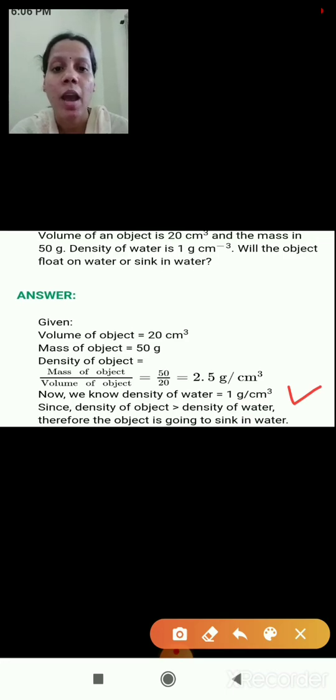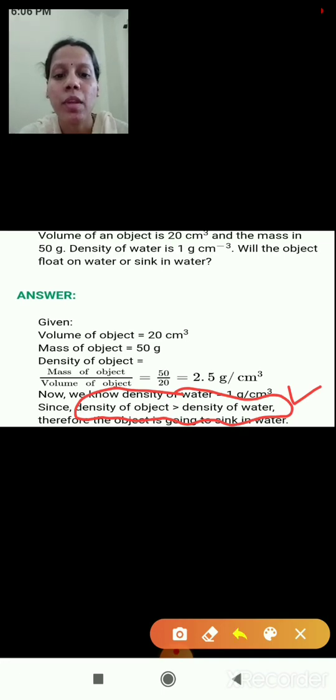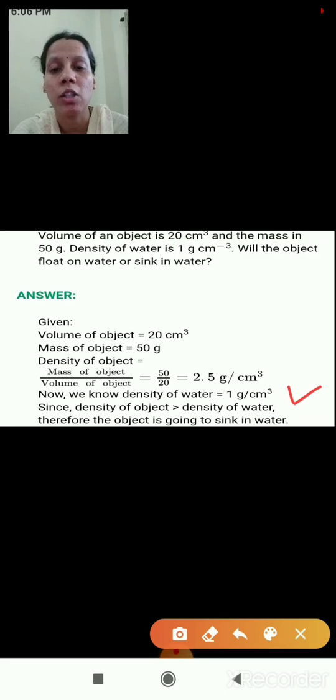I have written it here: density of object is greater than density of water, 2.5 is greater than 1. So as it is greater than the density of water, therefore the object is going to sink in the water.